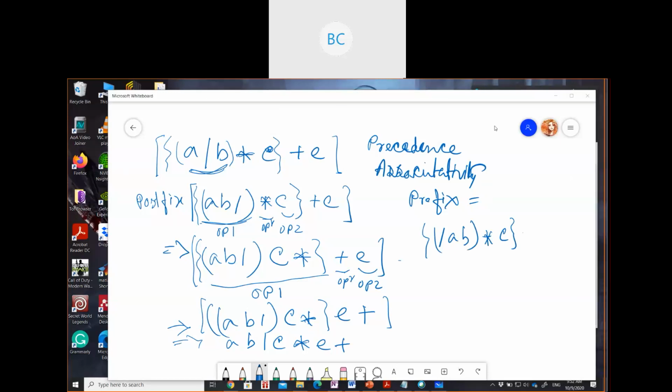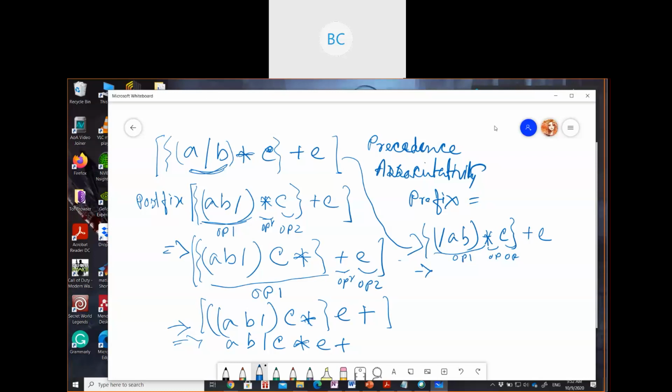Okay, this is your infix. Divide has the highest precedence, so you put it in front. Now again this is your operand 1, operand 2, and this is your operator.